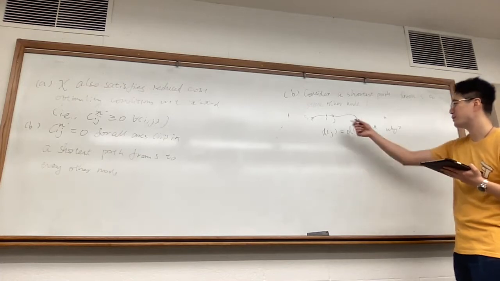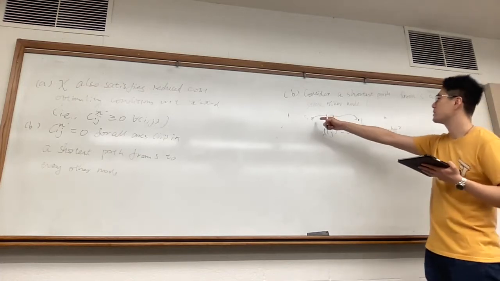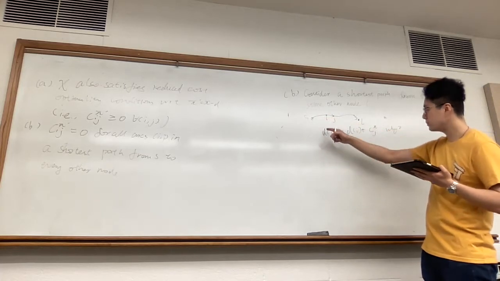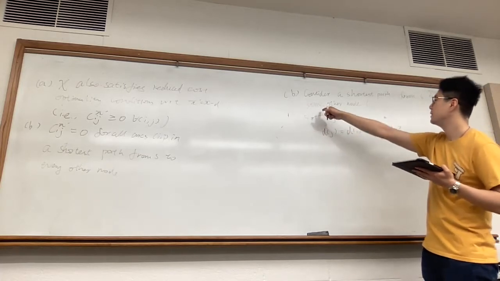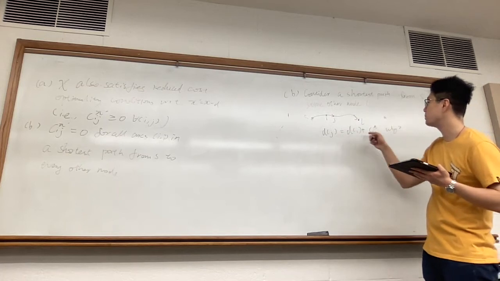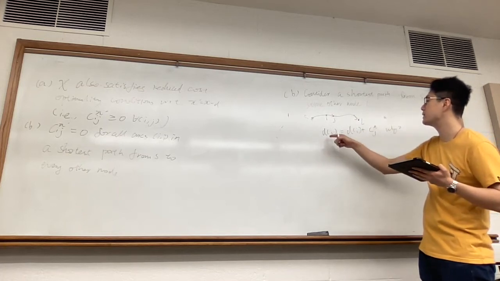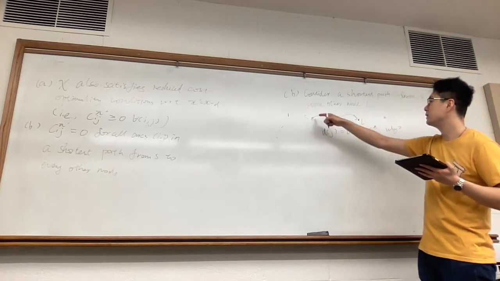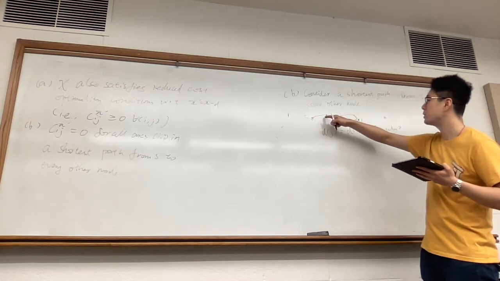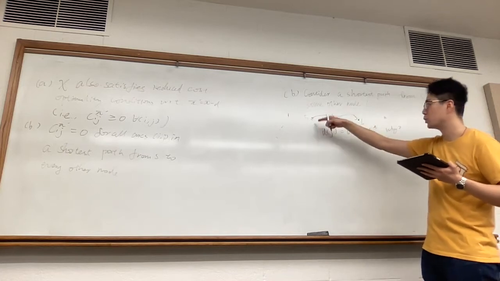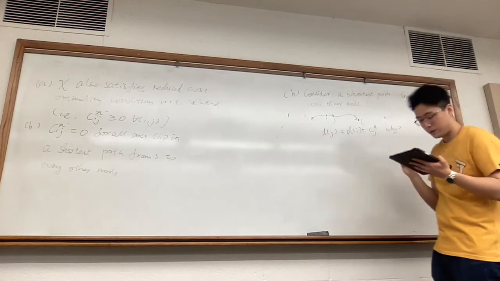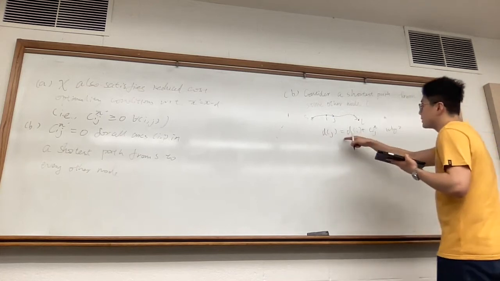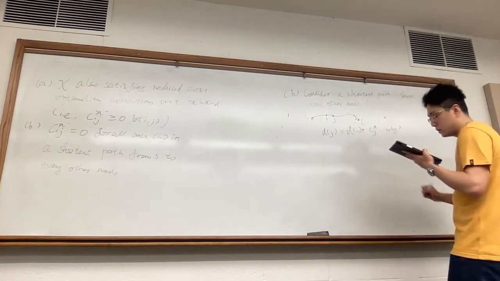So suppose there exists another path. That's to say, if di plus Cij pi is strictly greater than dj, then we have trouble because we can always find a shorter path to I, right? So now remember that this is strictly equal.